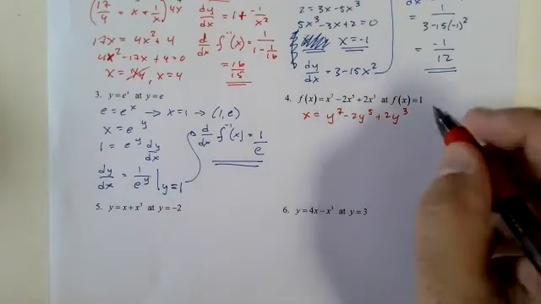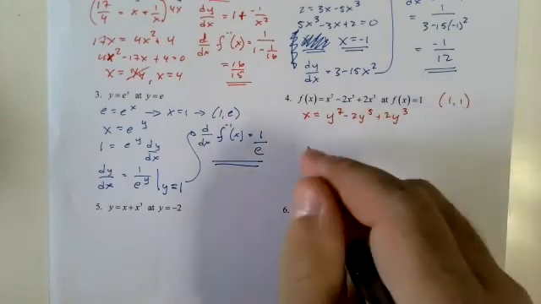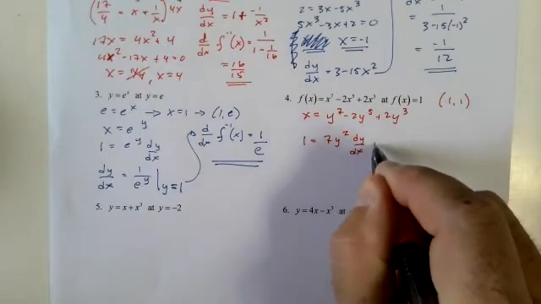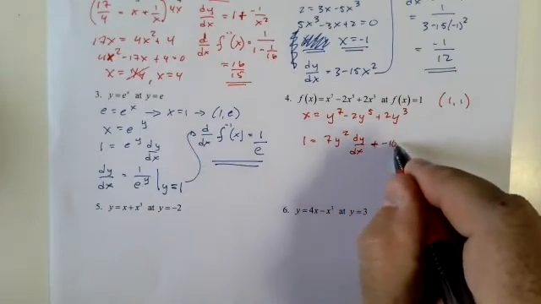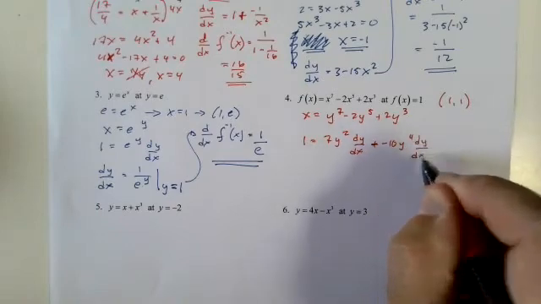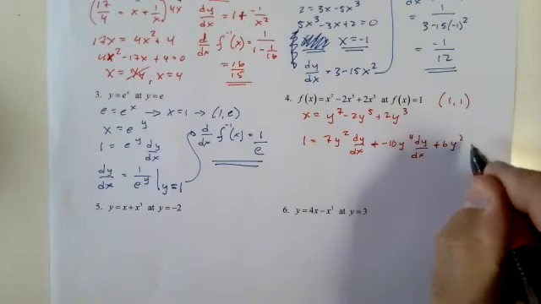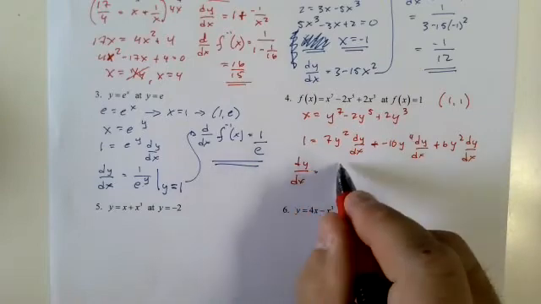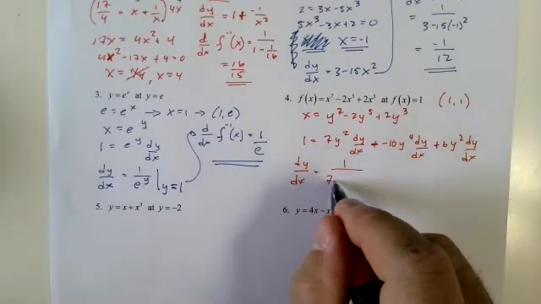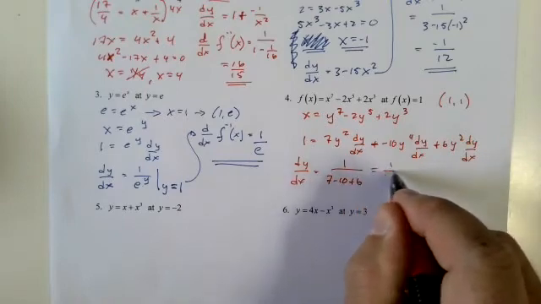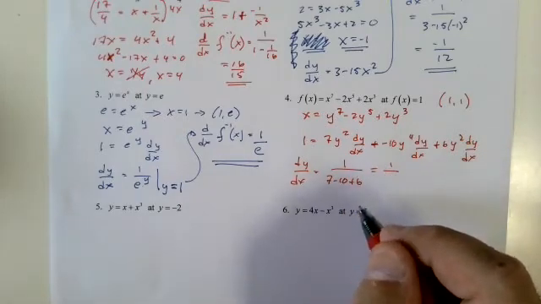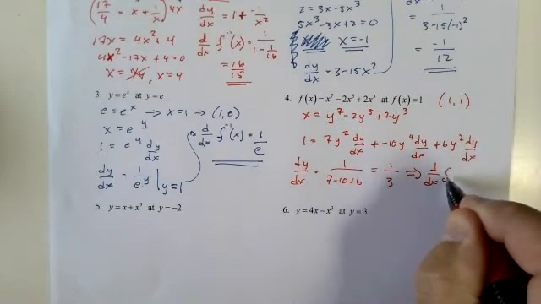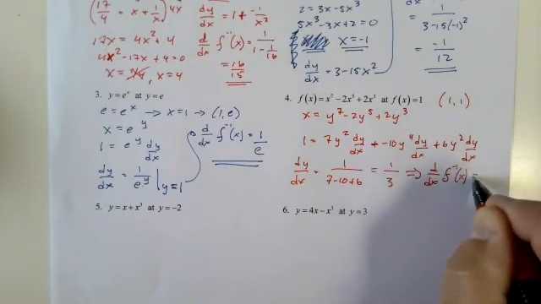So this point works at 1 comma 1, which is nice. 1 equals 7y squared dy dx minus 10y to the 4th dy dx plus 6y squared dy dx. dy dx equals 1 over, plugging in, 7 minus 10 plus 6, 1 over 3. Derivative, inverse, 1/3.